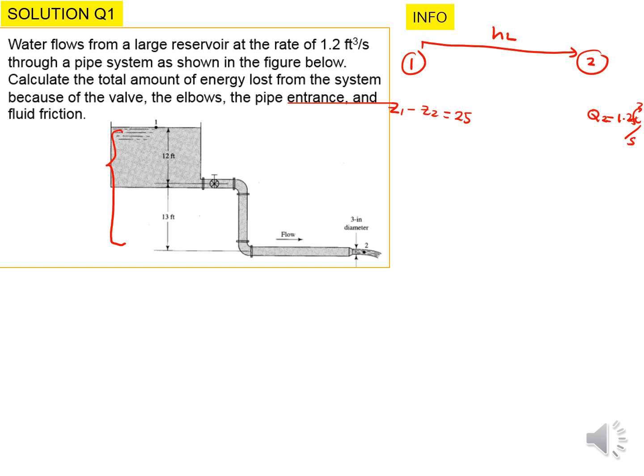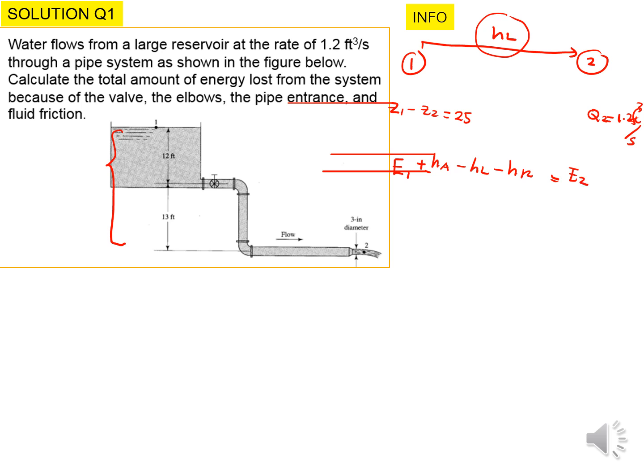Since we know that we have to find the HL, if you remember, the trick is to start from the energy at point 1, then add or subtract the other energy additions or losses, such as plus HA minus HL minus HR, and then it becomes E2.